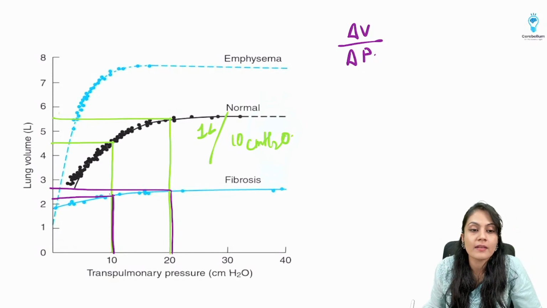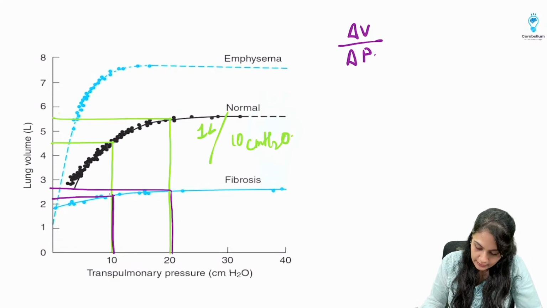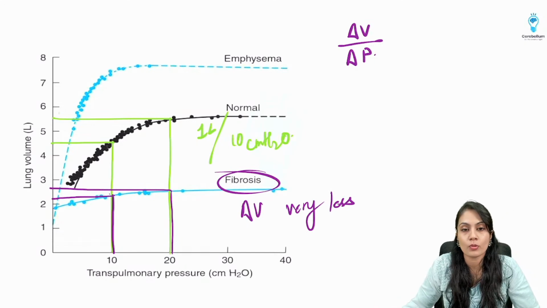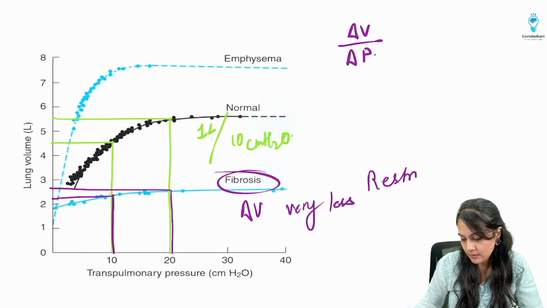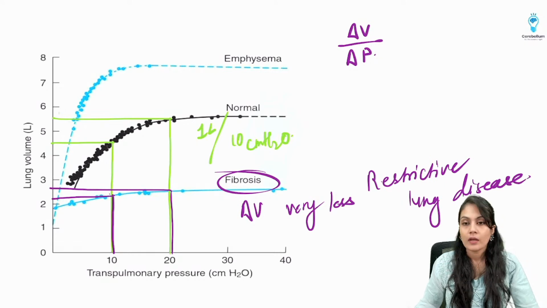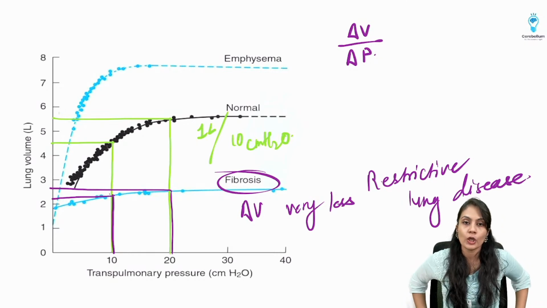And that's why in this case what you can see over here, that the delta V is very, very less. Why? Because the lung has fibrosed. So whenever they are going to talk about any restrictive lung disease, then the graph is going to be very, very low.